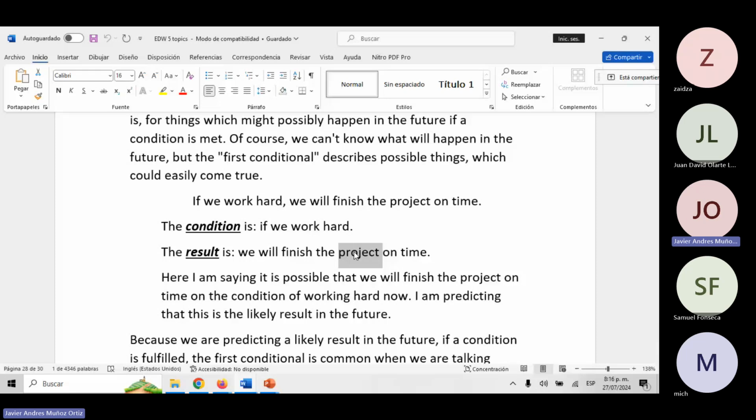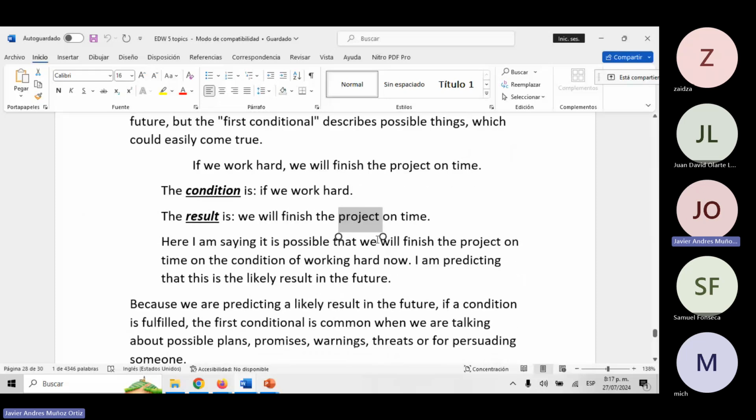So we didn't manage our time correctly. So everything may happen, or maybe the project is too hard, too difficult, it's something new for us. So maybe we are not going to be able to predict the future perfectly. Once again, we don't know the future. It's not possible to predict the future with certainty. We try, but it's not possible.